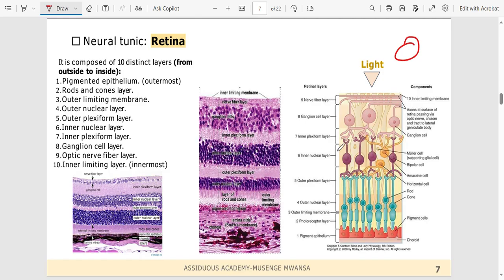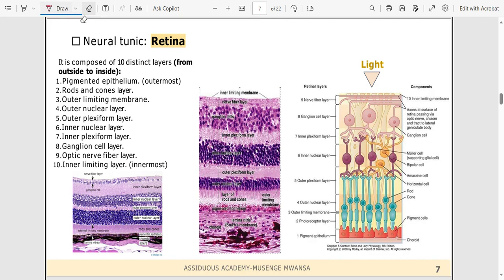After the outer plexiform layer, can you see you still have cell bodies here for the bipolars, but it is inside because you also have cell bodies there which are outside. So this is the inner nuclear layer. And then you have another plexus between the bipolar cells and the ganglion cells. So that is an inner plexiform layer because we had an outer plexiform layer.